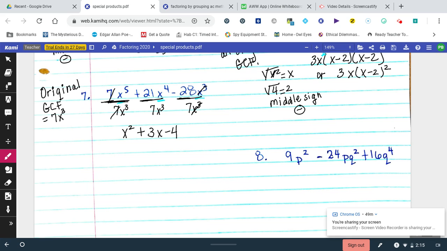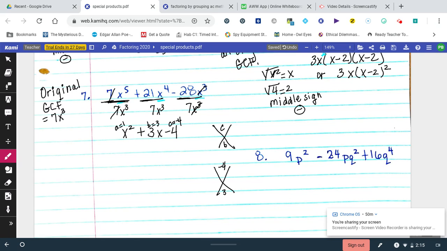Not the x method where you multiply a times c, but just where you have c and b here. And these two numbers on the side are used in my actual factors. Okay, so a is 1, b is 3, and c is negative 4. I'm going to put the negative 4 here and the 3 there.